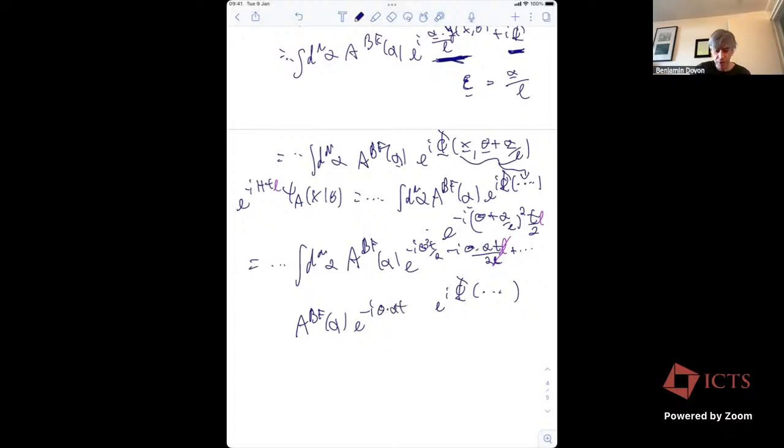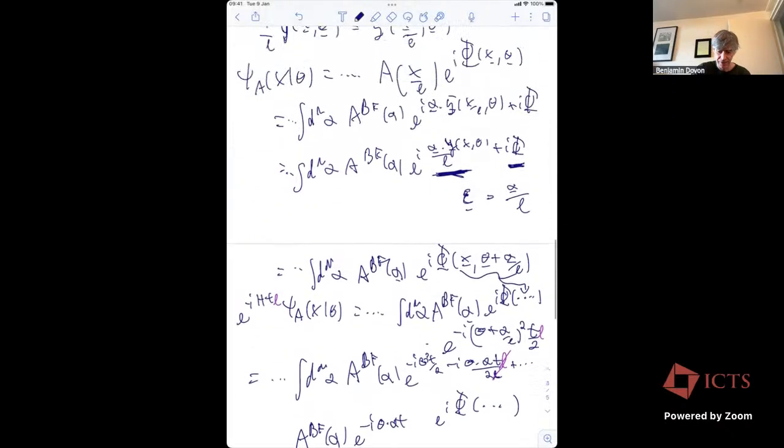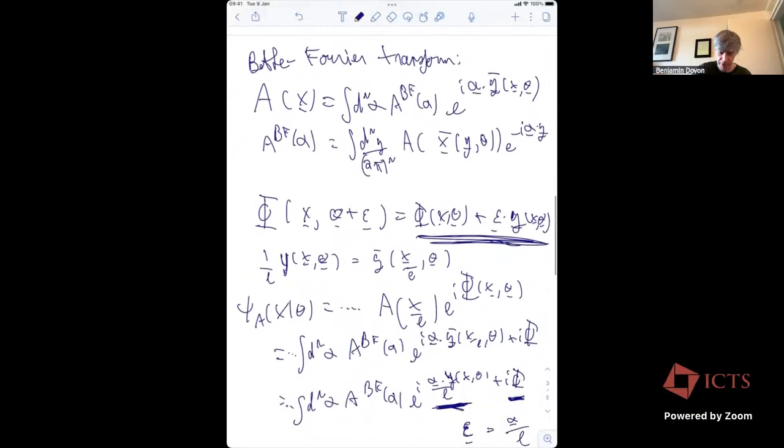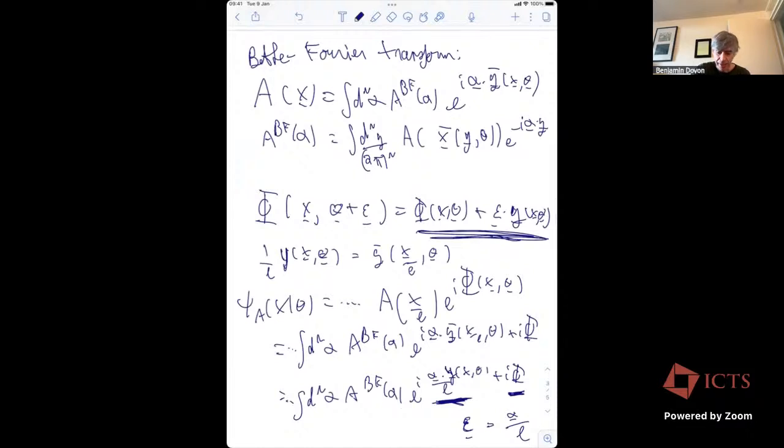If I Fourier transform back, if I look at the definition, the Bethe Fourier transform is this, right? If I multiply the Bethe Fourier transform by just a phase that is linear in alpha, it just shifts y by this linearity, right? So if I multiply by e to the I alpha dot theta, it adds to y theta t.